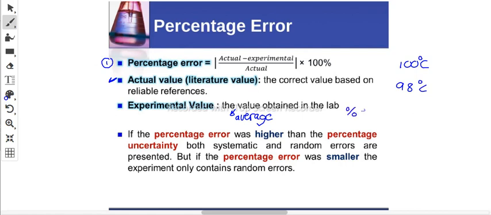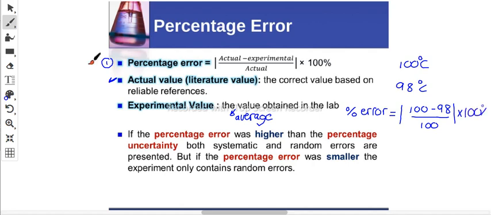So the percentage error in this situation, you will take the absolute value since it is always positive, not negative. The actual value is 100. You're going to subtract 98 as experimental, over 100, times 100%.